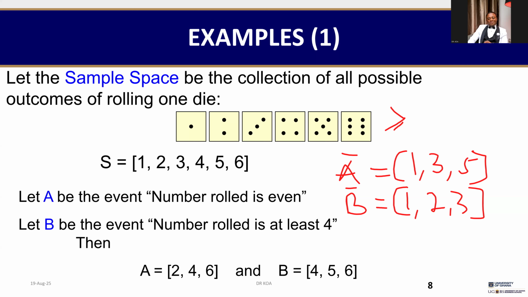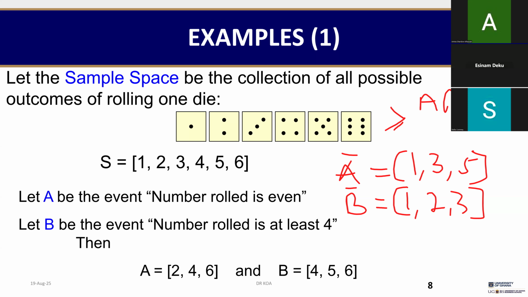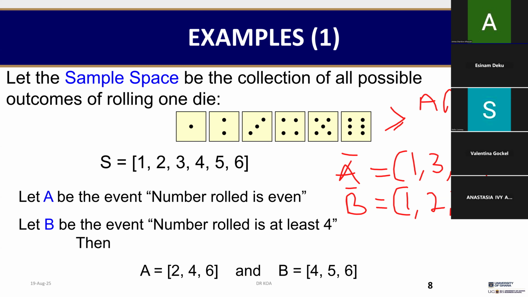What is A intersection B? What is A intersection B? This is interesting. 4 and 6.